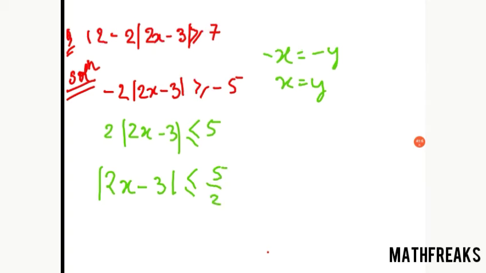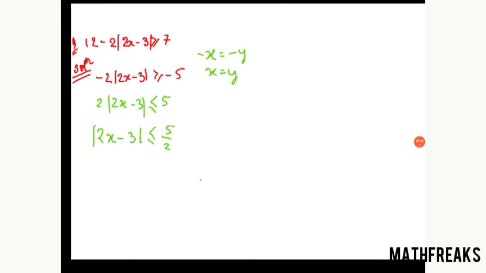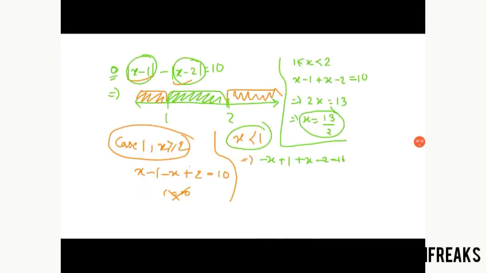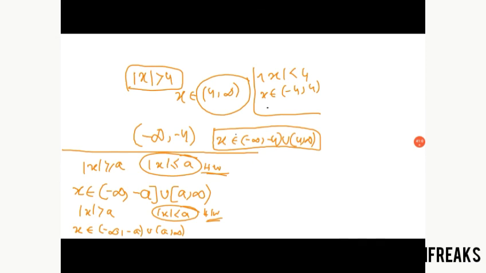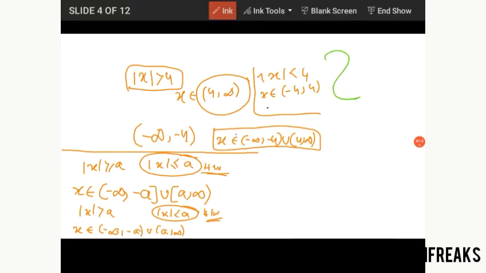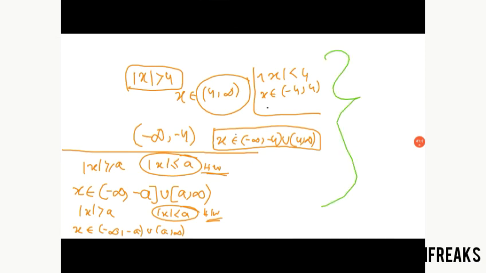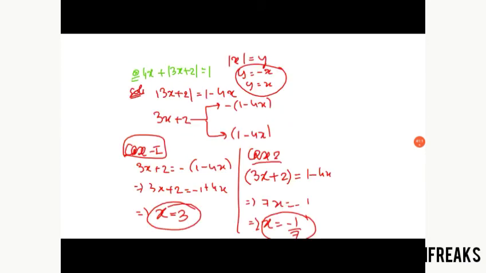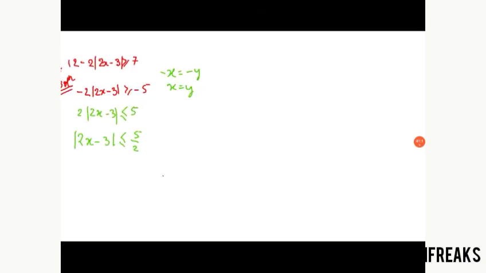Now to solve this, you have to look back at where I explained the inequalities. This will be extremely useful for you to solve this question. How? Let's have a look at this.